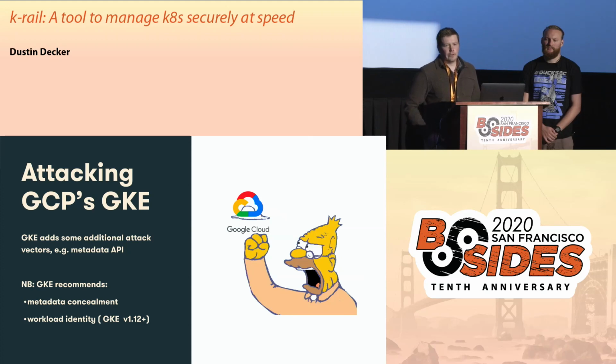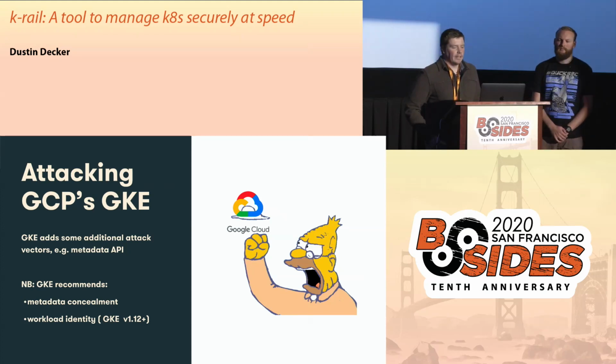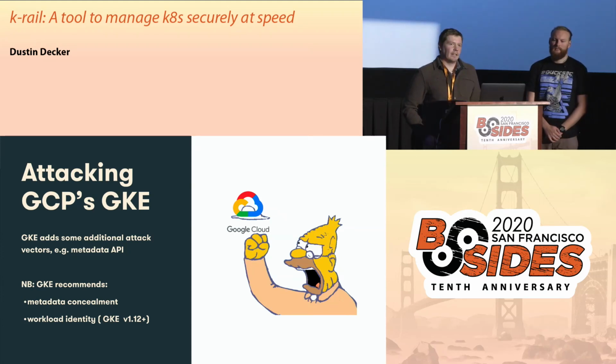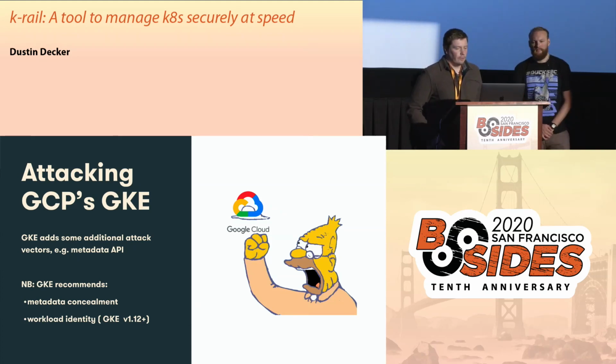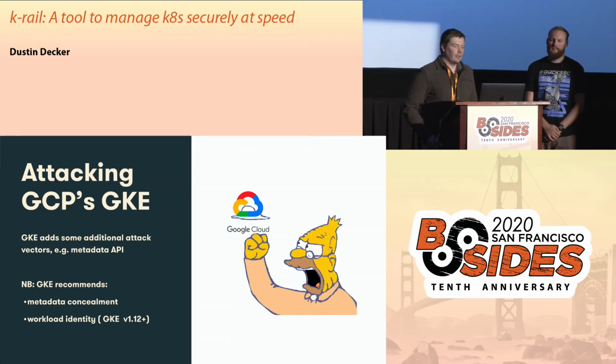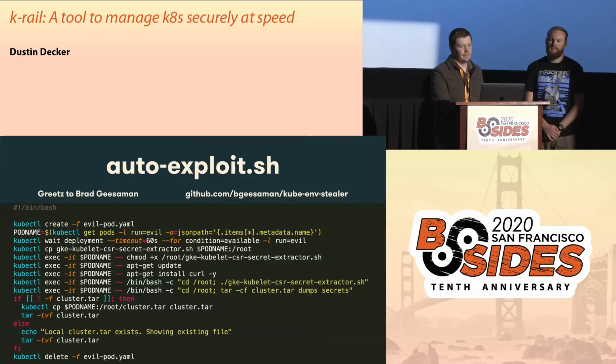And the node authorizer in Kubernetes allows a node to access resources that are scheduled on it. So if you request node certificates for each node, you can request all of those resources, such as secrets. And Brad Geesaman wrote a slick exploit which automates this process for all nodes in the cluster and gives you all the secrets that you need to pivot your access.